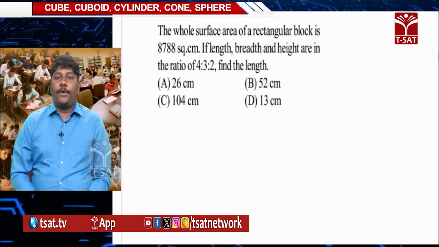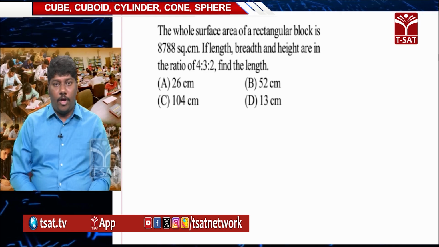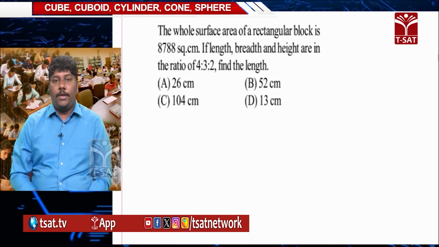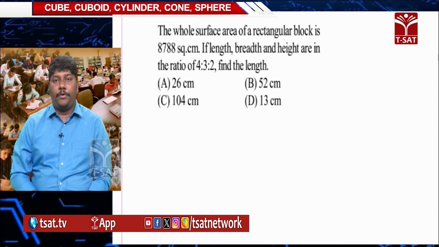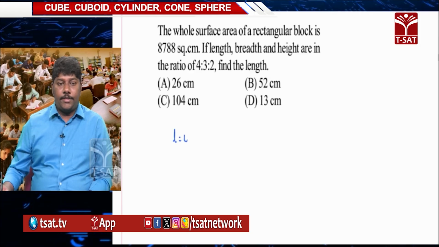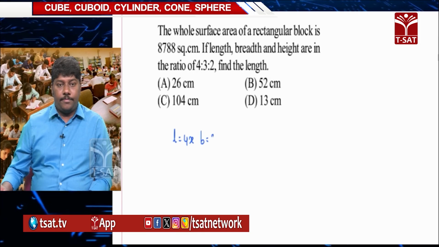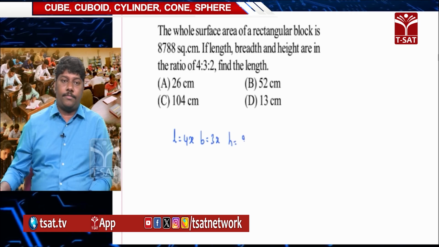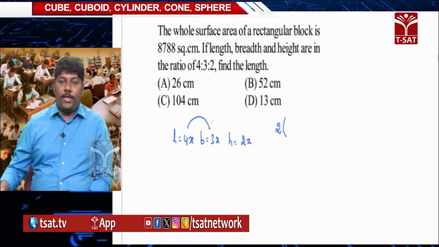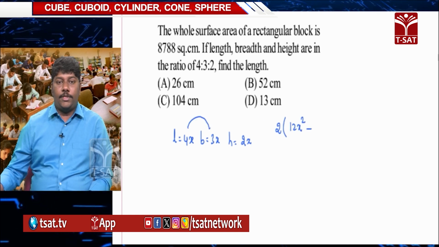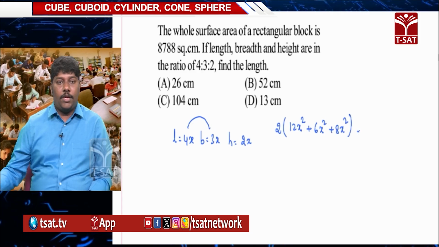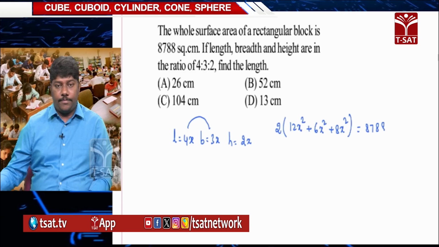The whole surface area of a rectangular block, which is nothing but a cuboid, is 8788 centimeter square. If length, breadth, height are in the ratio 4:3:2, find the length. Length is 4x, breadth is 3x, height is 2x. Surface area becomes 2 into (4 3s are 12x square, 3 2s are 6x square, 4 2s are 8x square), equal to 8788.